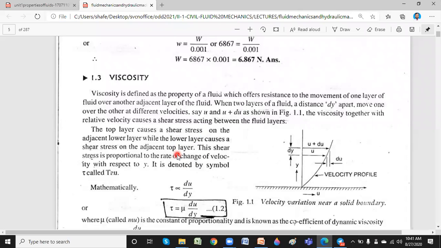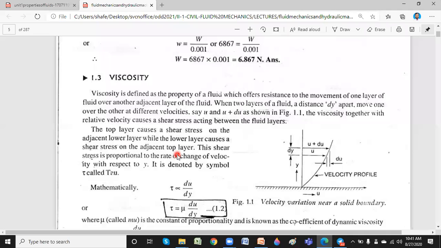Take the example of your two hands, separated by a small distance, and this distance is filled with some oil. If the distance between the two hands is dy, I keep one hand as it is and move the other hand.